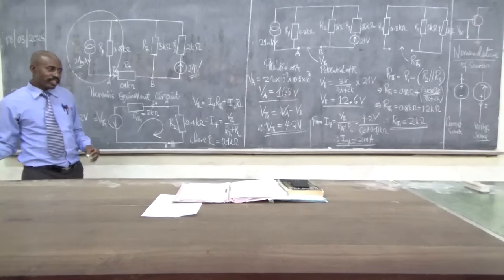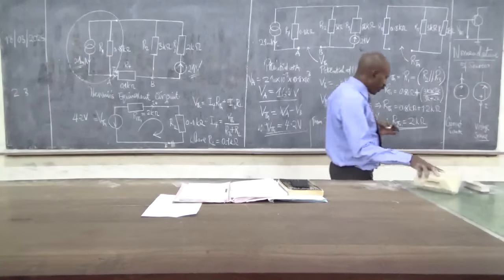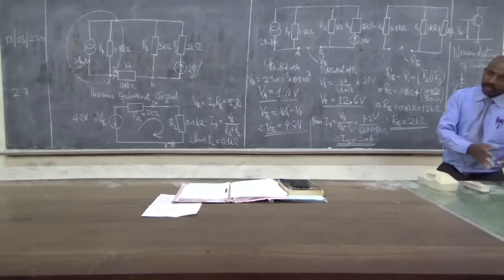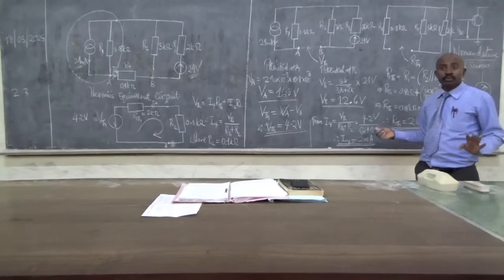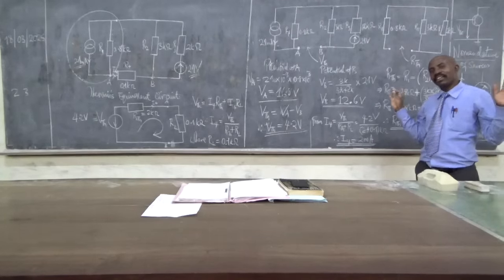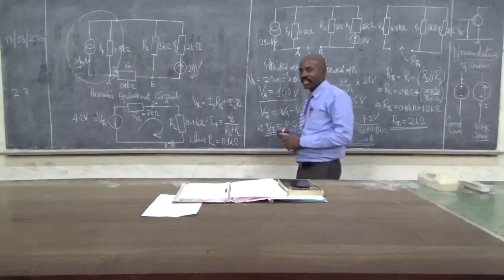The issue is, if this question was clear, use the superposition principle and determinants. But if they just ask you to find I4, you can use a calculator if it can give you anything.